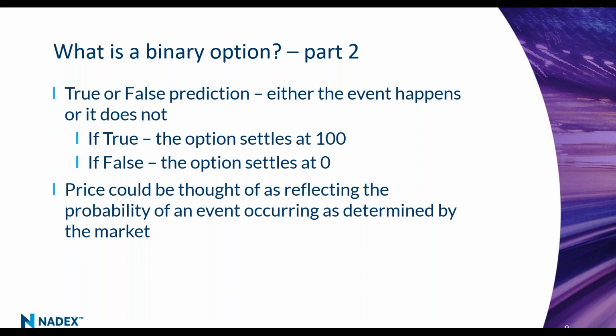I can't lose any more than I initially put in. So I just spent 50. I'm risking 50. And if it goes to 100, I would make 50 because, I mean, if it comes true, it goes to 100 and I make 50. So I risked 50 to make 50. If it came in false, it would go to 0 and I would lose my 50.